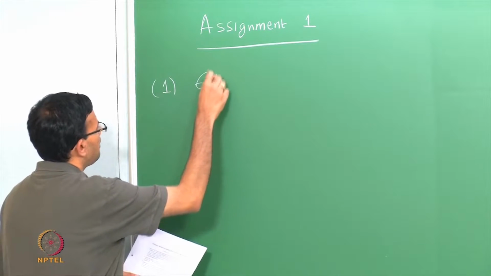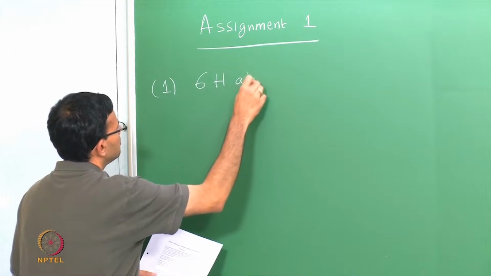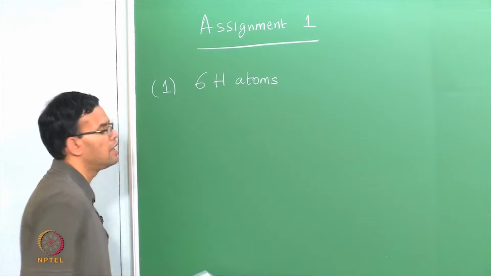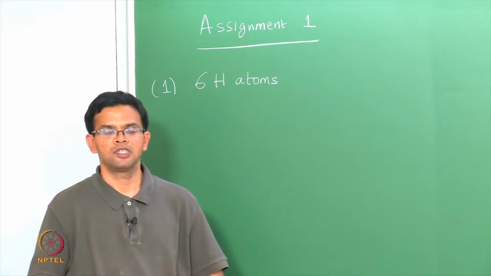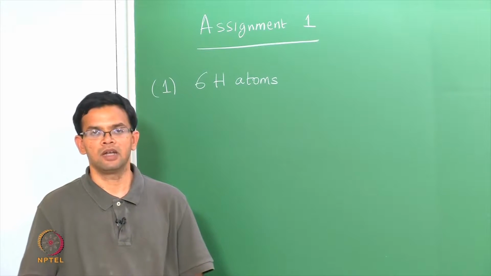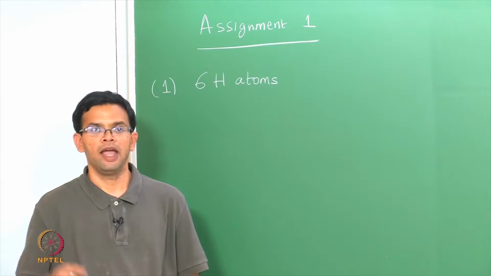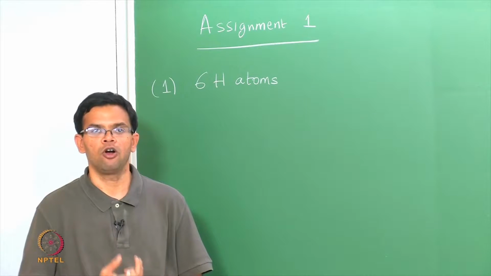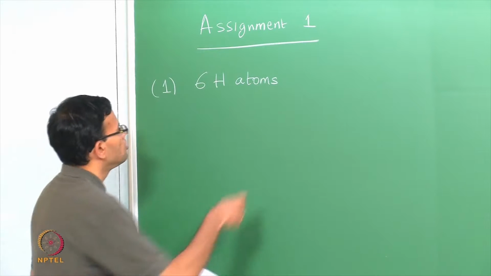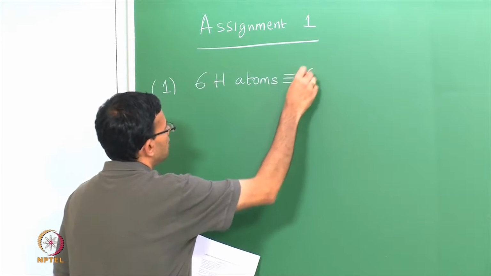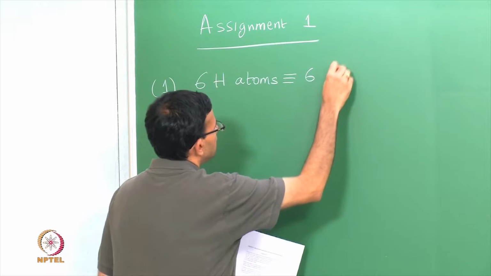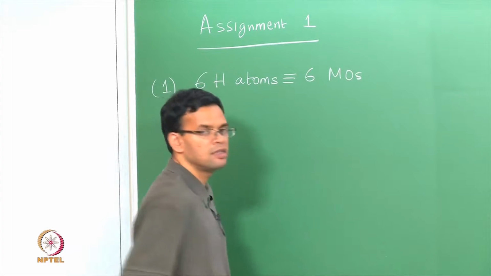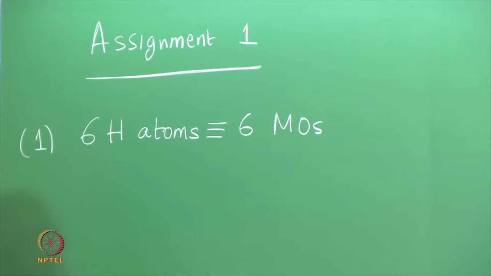So, we have 6 hydrogen atoms, and we know that when n atoms come together, they form n orbitals, which can accommodate 2n electrons. So, we have 6 hydrogen atoms and they are going to form 6 molecular orbitals, I will call them MOs, and we need to draw those 6 possible configurations.